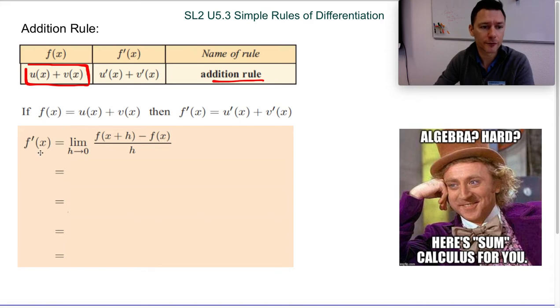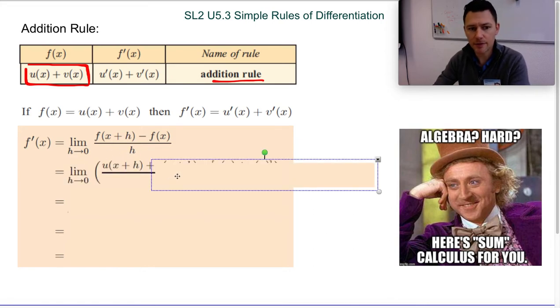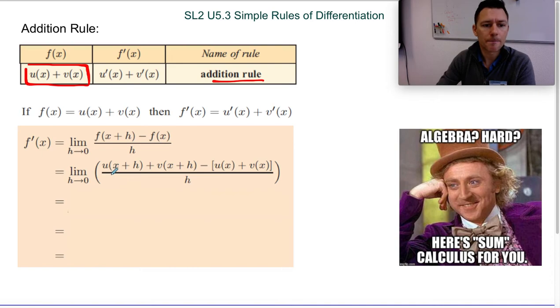This is our first principles definition of a derivative. It's the limit as we change the y values and divide by the change in the x, right? So we can do that same thing here. This is how u is changing the y value for u. This is the way v is changing, and you look at the difference between the changed values and the unchanged values and divide by how x changes.